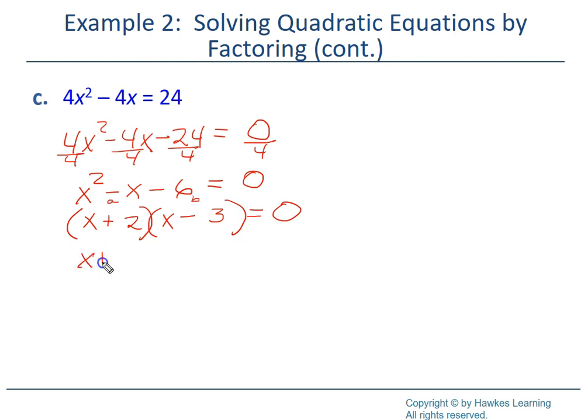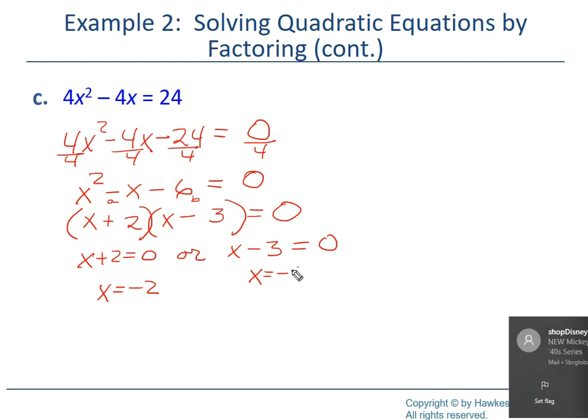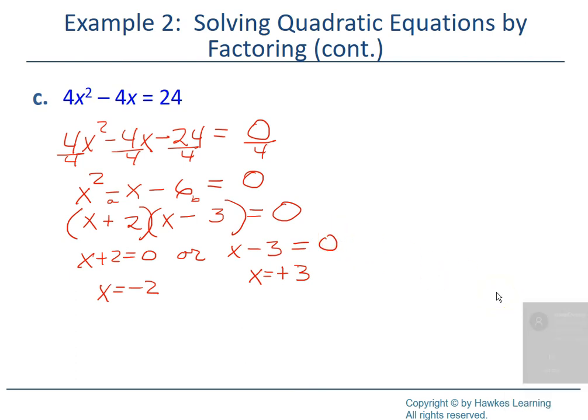So this will be x plus 2 equals 0, or x minus 3 equals 0. So here x equals negative 2, x equals, or I should say, a positive now, positive 3. We had to transpose that.